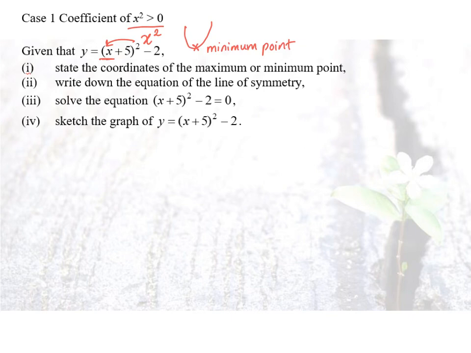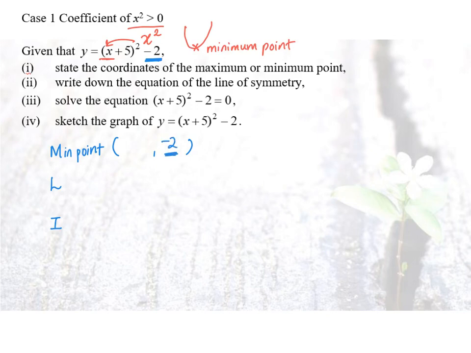To do our sketching, we need to have three letters, three main words: M, L, and I. M for the minimum point in this case, and the minimum point has two coordinates. We'll get our y value first, it's -2.